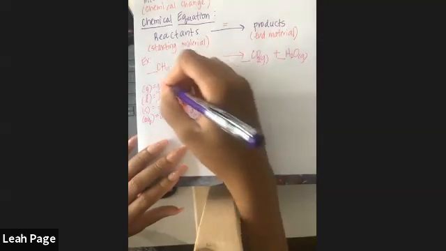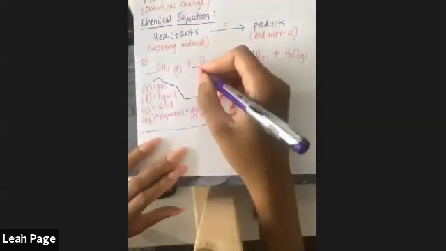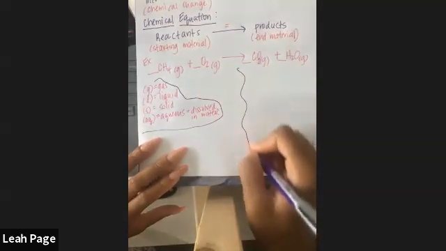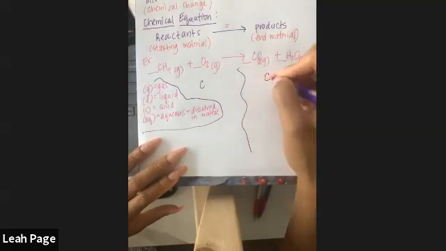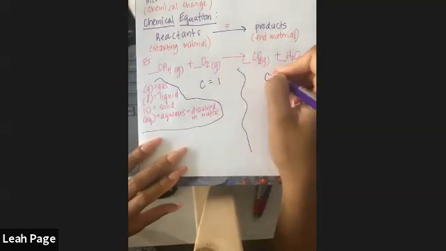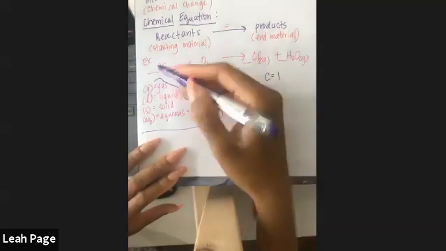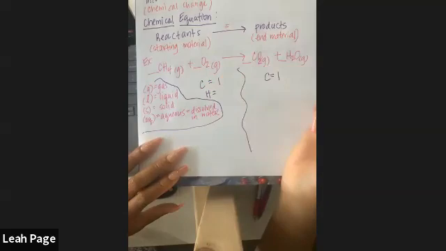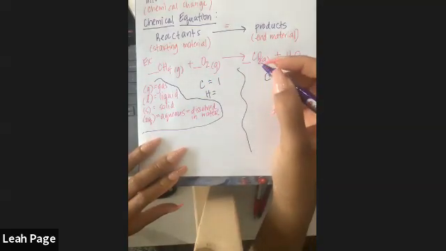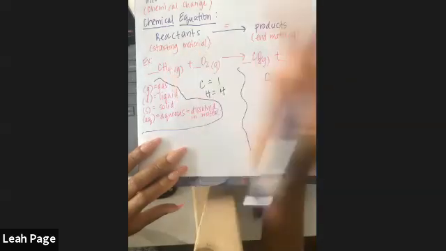So if I make a list of everything I have, this is the reactant side. If I look at my carbons, on the reactant side, I have 1. On the product side, I have 1. So my carbons are happy. Then I'm going to go to hydrogen. It's the next element that I see. How many hydrogens do I have, guys, on the reactant side? 4. I have 4. We see from this subscript, I have 4 hydrogens.